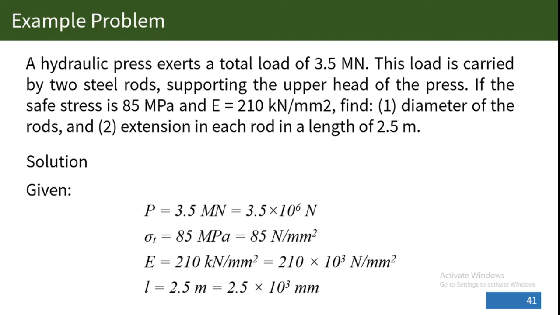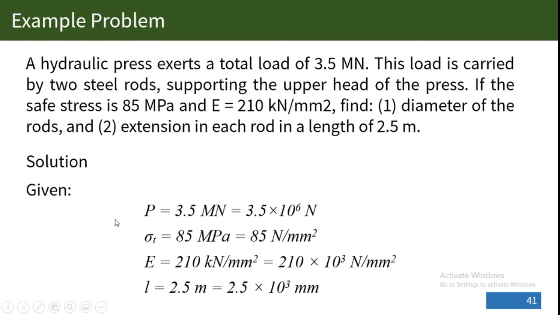Okay, and it is also given in this problem, in the second requirement, that there is extension. Apparently this means that this type of loading is tensile loading, since it requires the extension or the elongation.